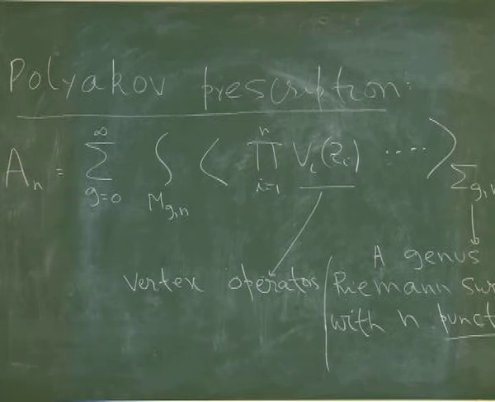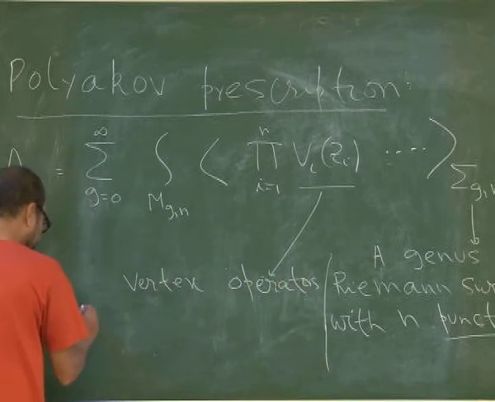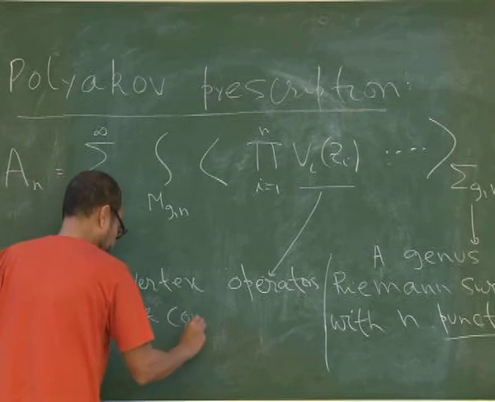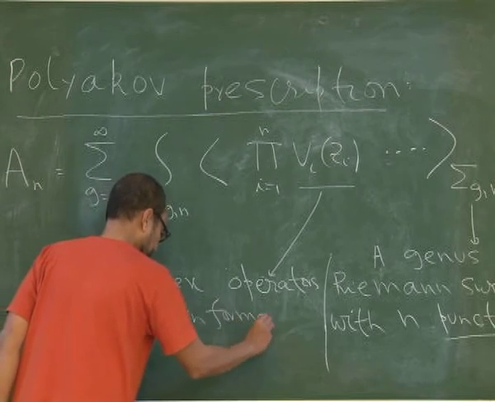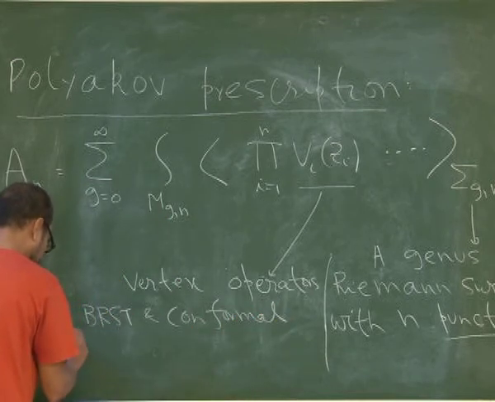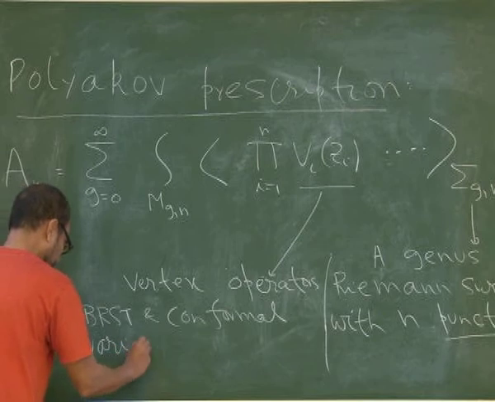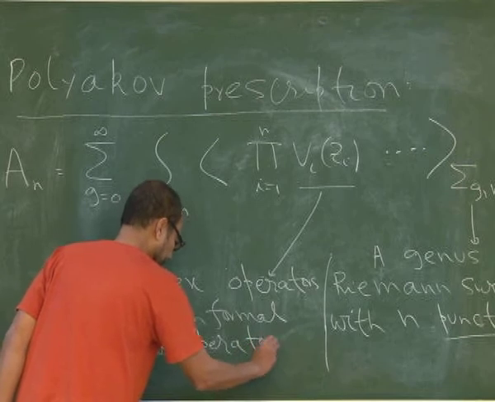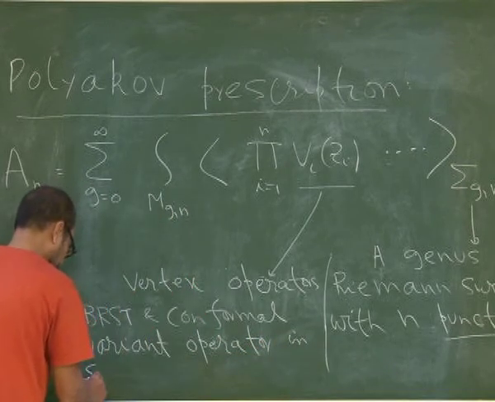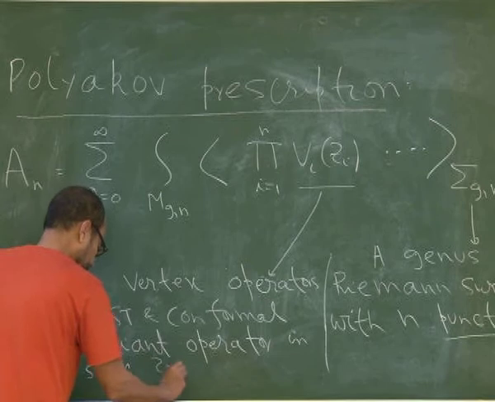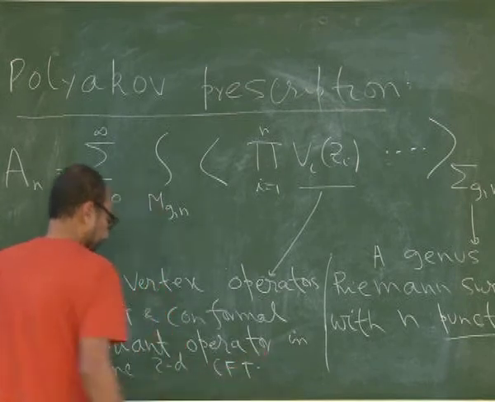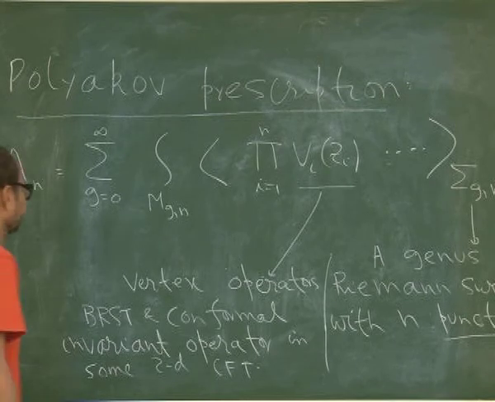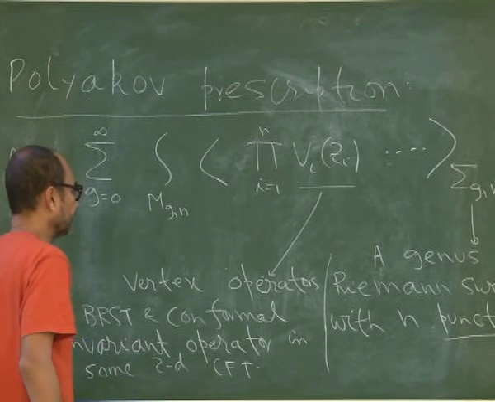And these vertex operators are BRST invariant and conformal invariant operators in some 2D CFT, which describes the particular string theory that we are interested in.